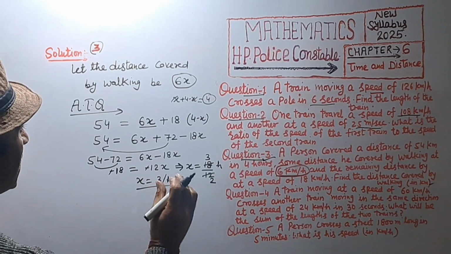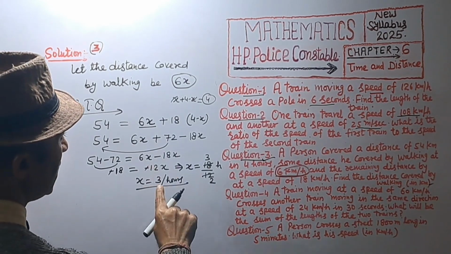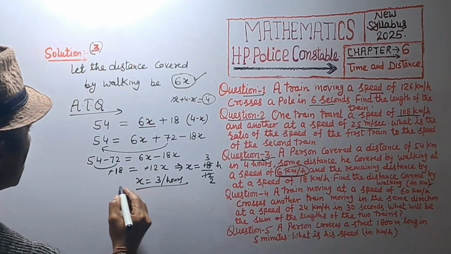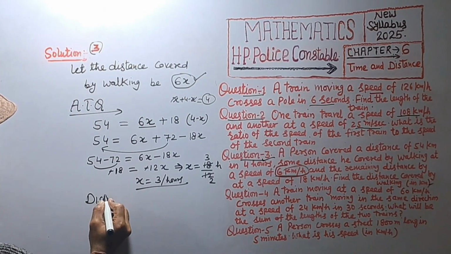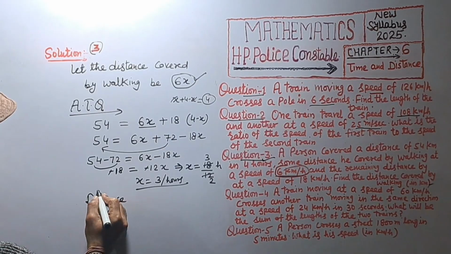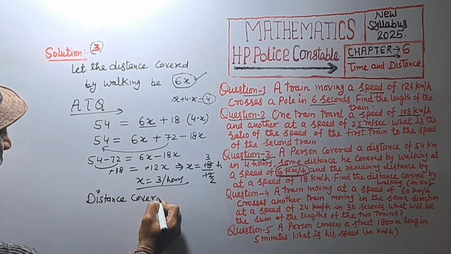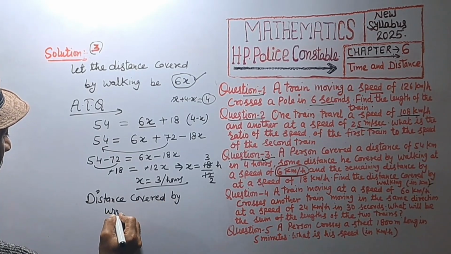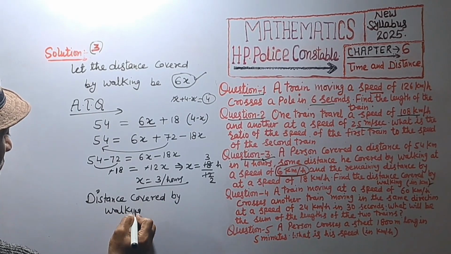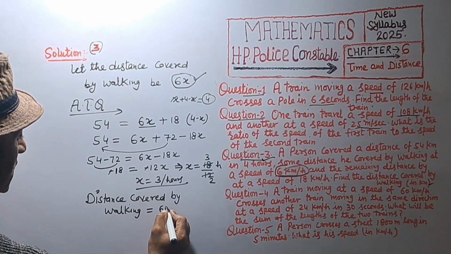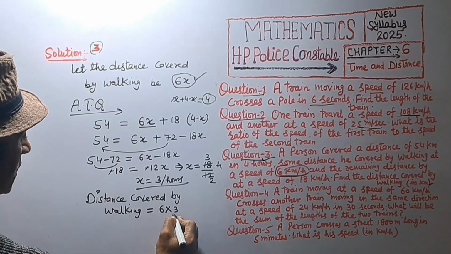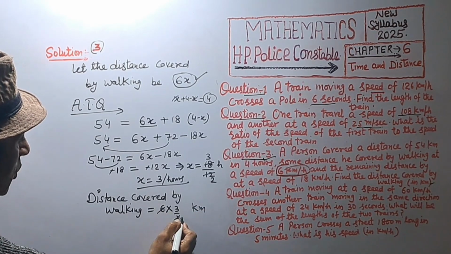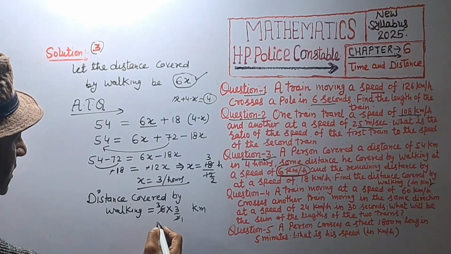And we find the distance covered by walking, that is equal to 6x in kilometer. Distance covered by walking is equal to 6 into 3 upon 2. 2 1s are 2, 2 3s are 6.